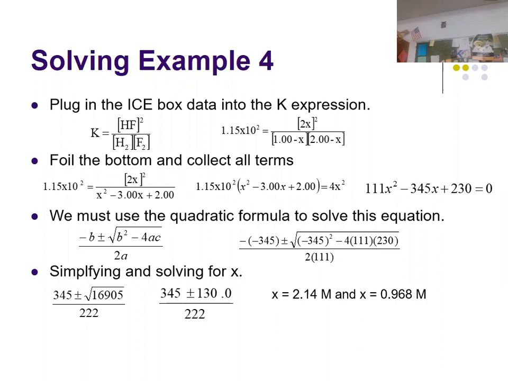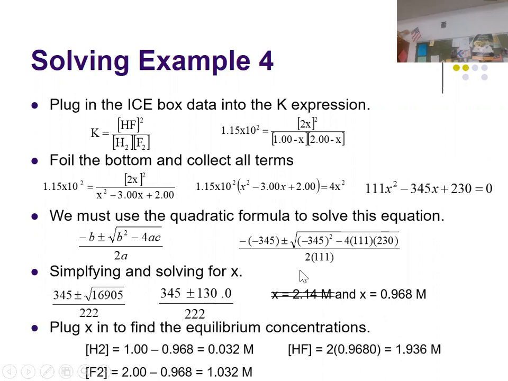The other one will lead to a negative concentration of the reactant, because if you plug them both in, you have 1.0 minus x for your concentration of H2. 1.0 minus 2.14 is negative, so that cannot happen. So you would use the 0.698, and there are your equilibrium concentrations.